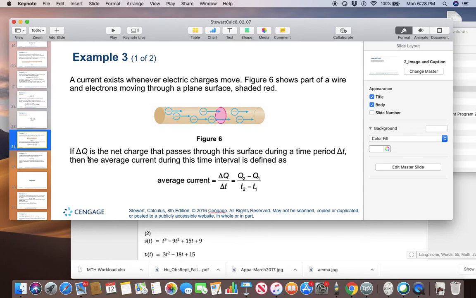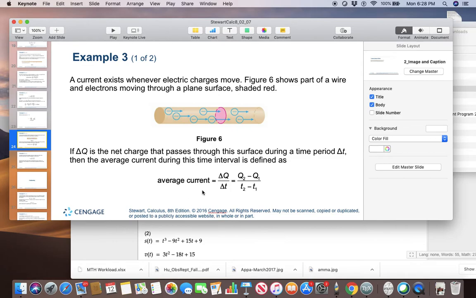Delta Q is the net charge that passes through this surface. So that's your surface, right? Charges are moving through this. Now, we are looking at a time period of delta t.